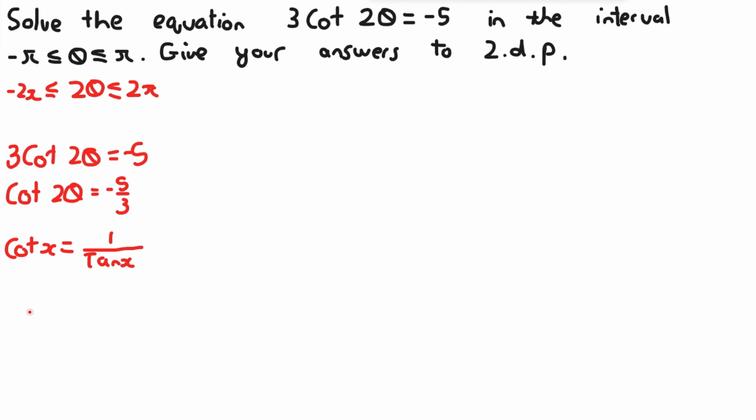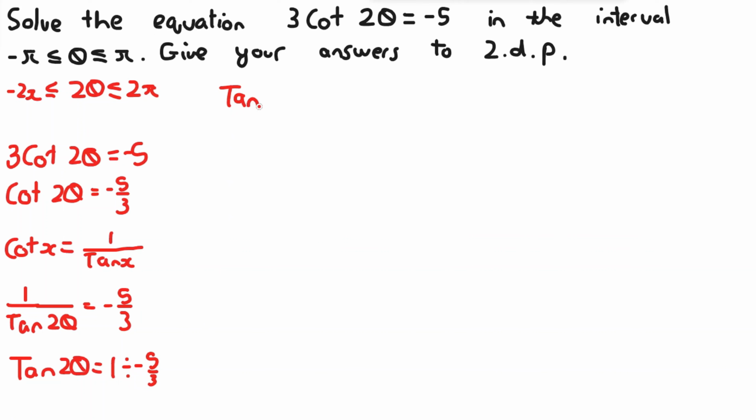So therefore we can rewrite this as 1 over tan of 2 theta is equal to minus 5 over 3, and we can move this 1 numerator onto the other side, so this becomes tan of 2 theta is equal to 1 divided by minus 5 over 3, and therefore this will become tan of 2 theta is equal to, so flip this fraction here to 1 times minus 3 over 5, so it's going to be equal to minus 3 over 5.